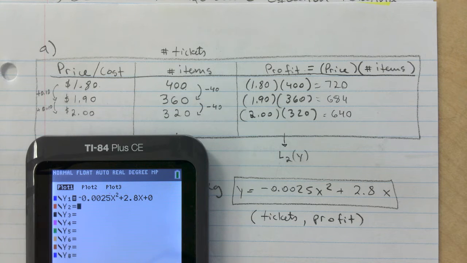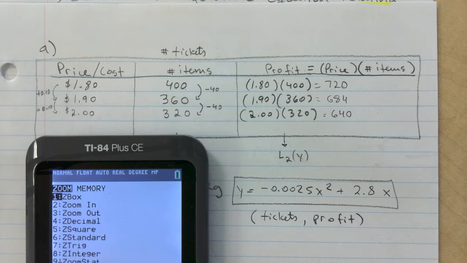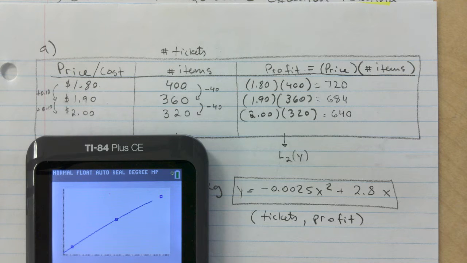Just make sure that when you go arrow down, it's highlighted. Then I'm going to go zoom 9. You're going to want to go zoom 9 almost right away. And you're like, this looks like a straight line, right? Does that look at all like a parabola? It kind of does. It curves a little bit, but it's not a parabola at all.